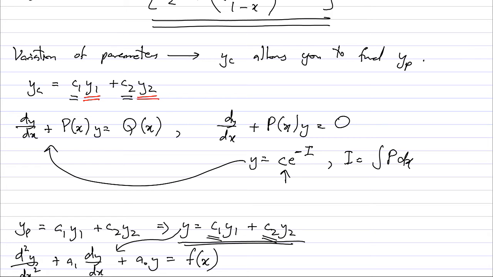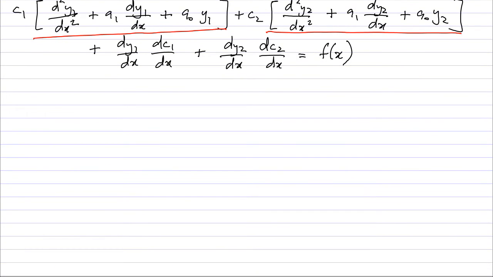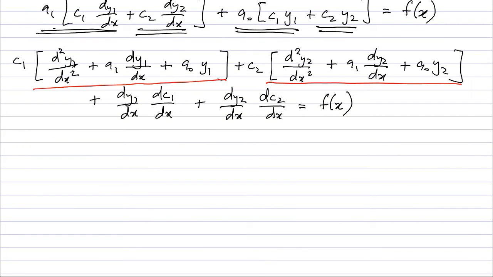That's why the superposition of them is your general complementary function. And the fact that y1 is a solution to your homogeneous differential equation means that this thing in the square brackets has to be equal to 0. That's exactly the definition of how you find out the complementary function.